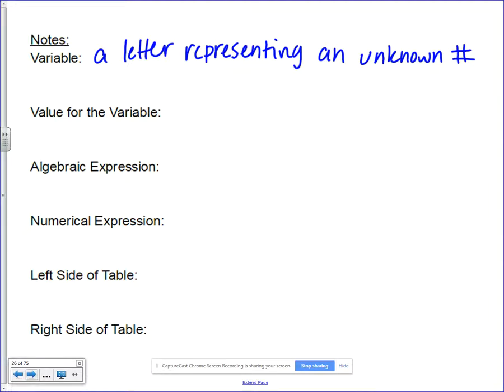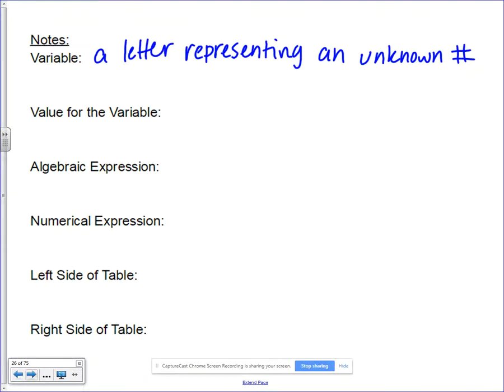Remember, these variables are lowercase. Okay. What's a value for a variable? What do you think that means? What's that? I think you're right. I just didn't hear you.